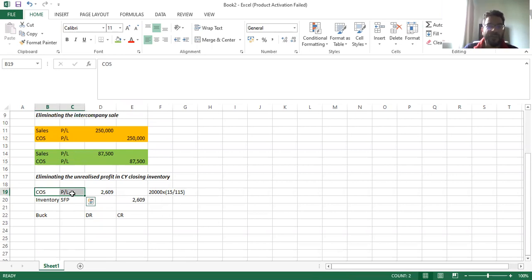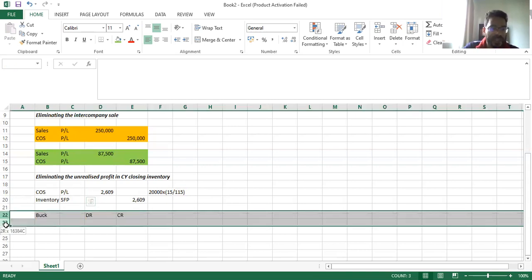A decrease in profit decreases equity. Equity decreases on the debit side. So we are decreasing profit. There's no other transaction going through profit or loss. So therefore, profits is going down by 2,609 Rand. Therefore, because it's a change in profits, profit is decreasing, we will have a deferred tax implication.